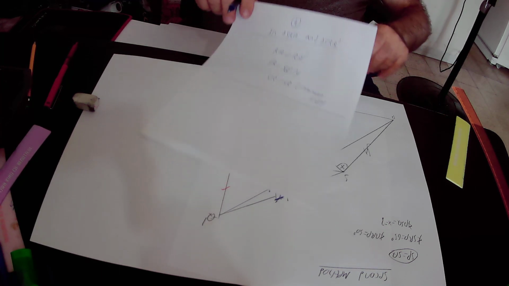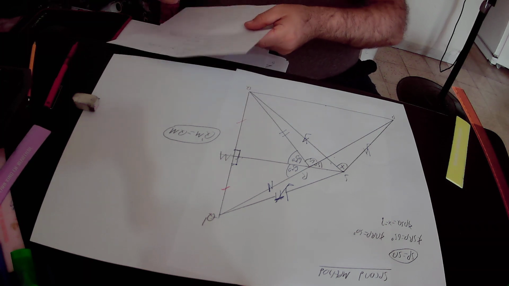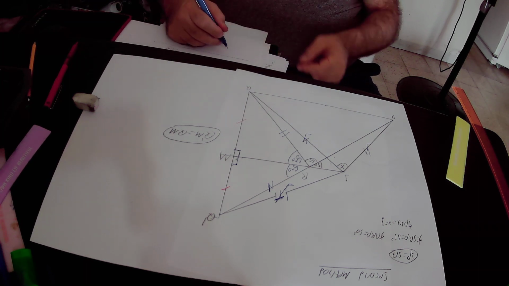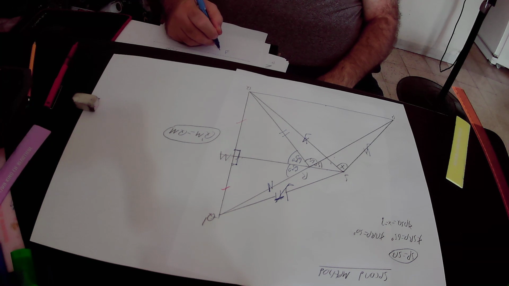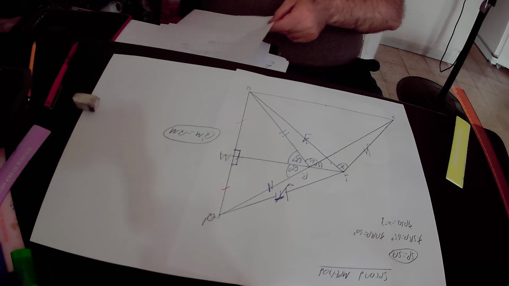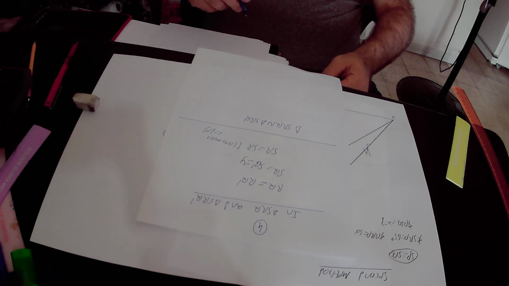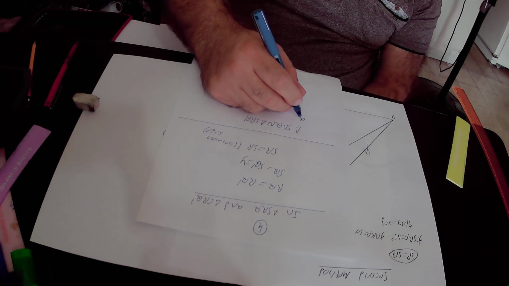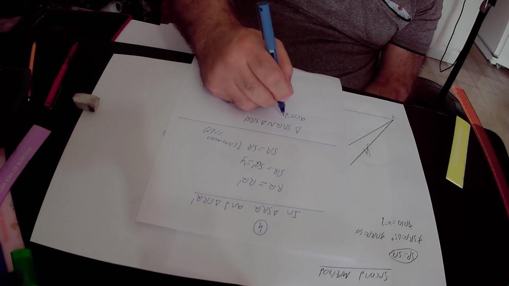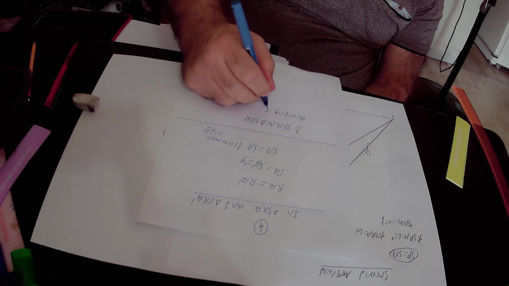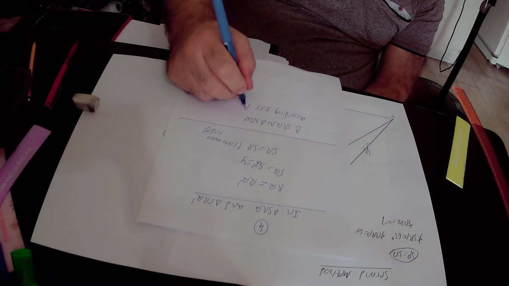So I write it down. Triangle SRQ is congruent to triangle SRQ dash according to the side rule.